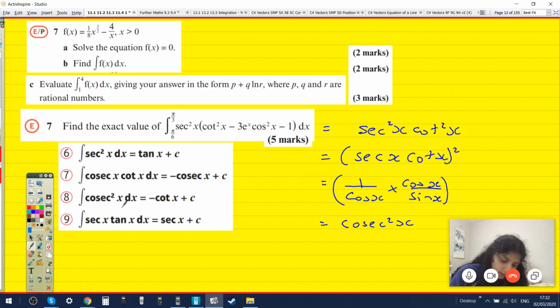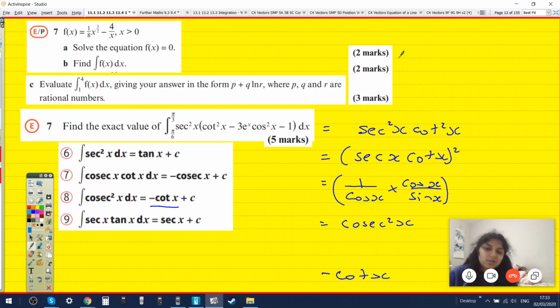Minus cot x. And then the next one is plus 3e to the x cot x, I think. Which is, oh, when you expanded it, was it? Yeah, when you expand, you get minus 3e to the x sec squared x cos squared x. Yeah.